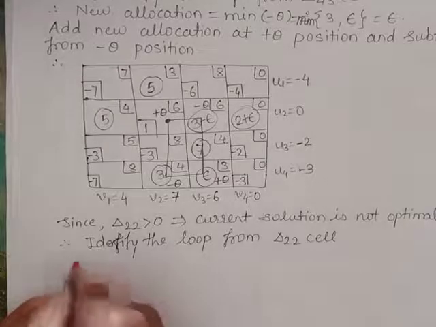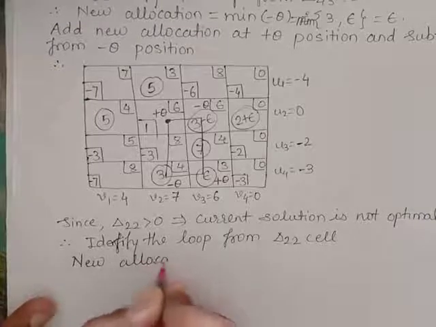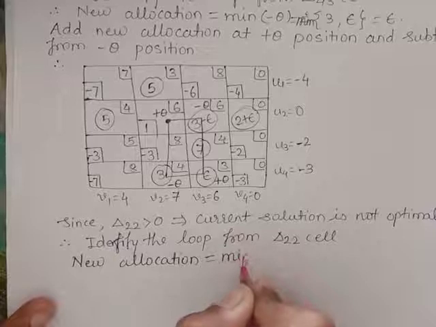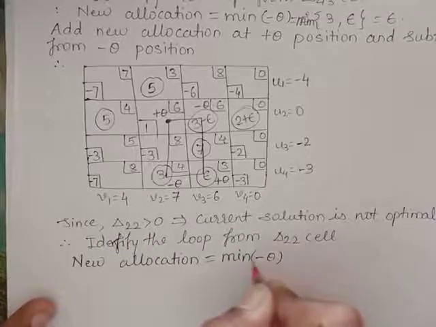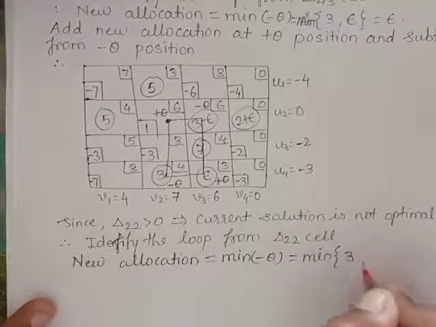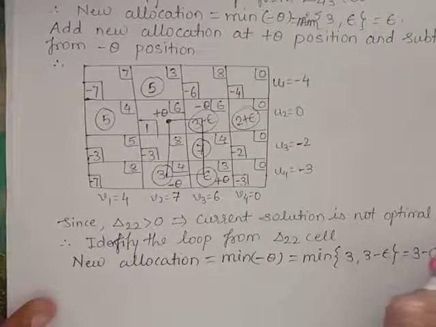Our new allocation is the minimum of the minus theta positions. So that is minimum of 3 and 3 minus epsilon. So it will be 3 minus epsilon.